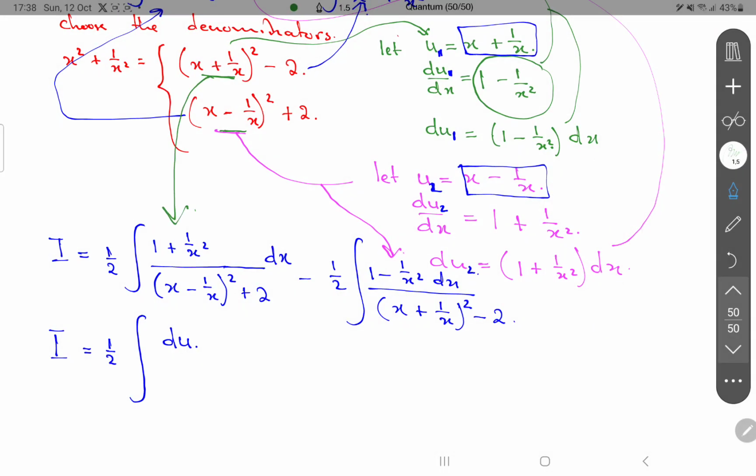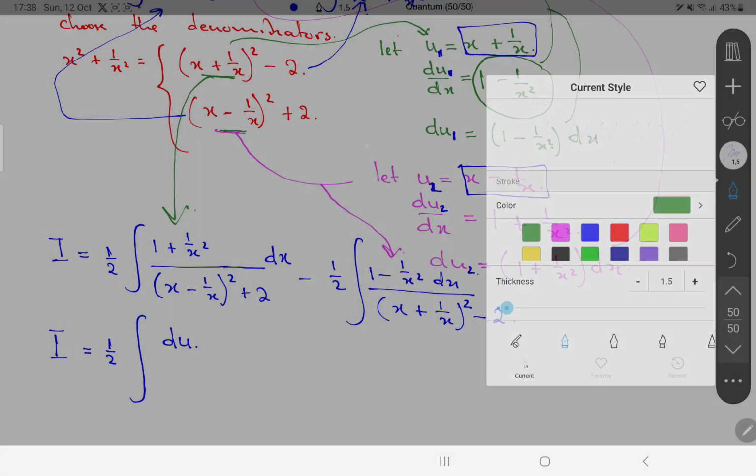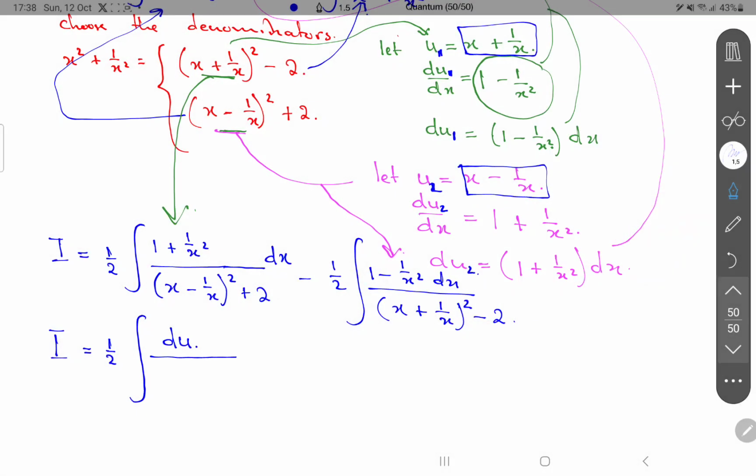I think you're following the lines. Then let me write it down. So all over, since it's the green, it's du1 over u1 squared plus 2, minus a half the integral of du2 over u2 squared minus 2, like this.